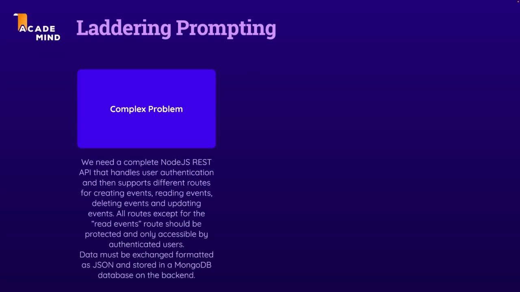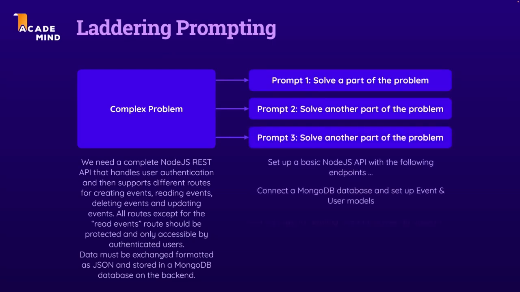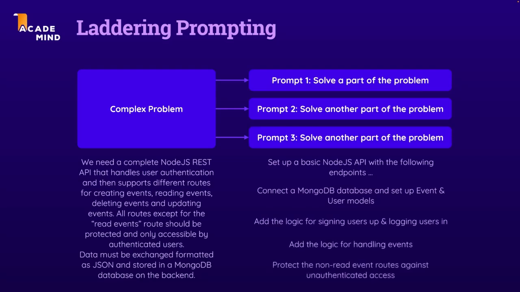Instead, you split it up into multiple smaller problems and prompts, which you then send step by step to ChatGPT, so that you get solutions for different smaller prompts, which you can then combine manually to, for example, like in this case, build this Node.js application.